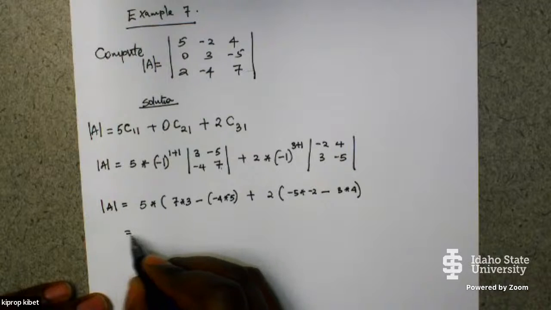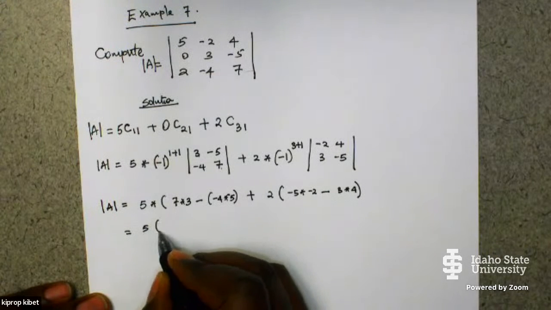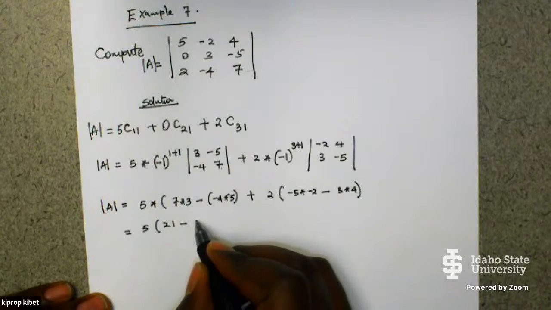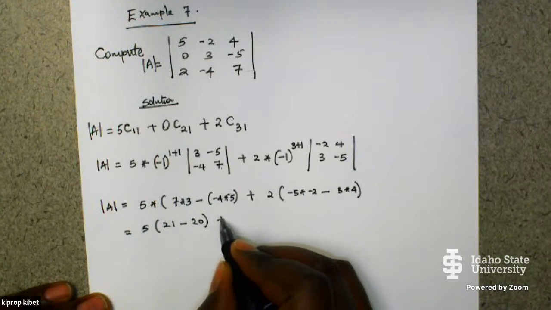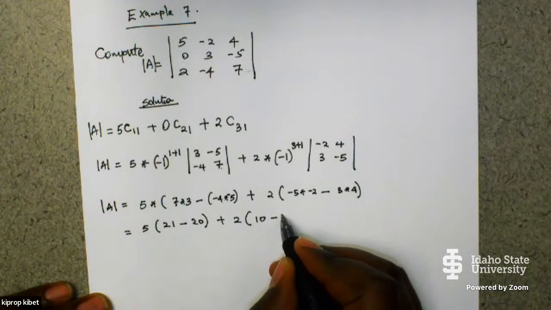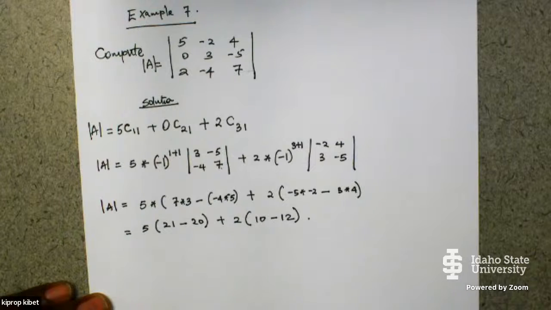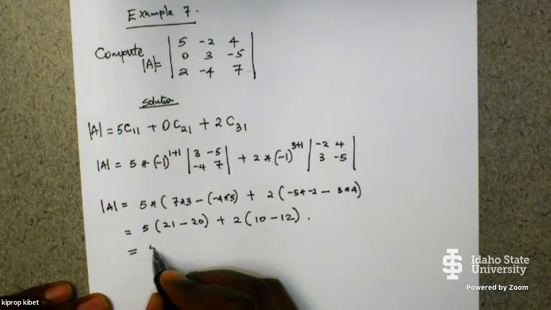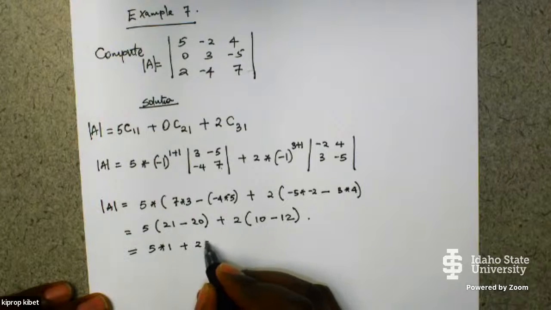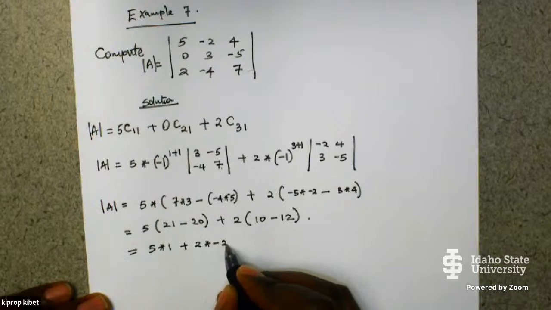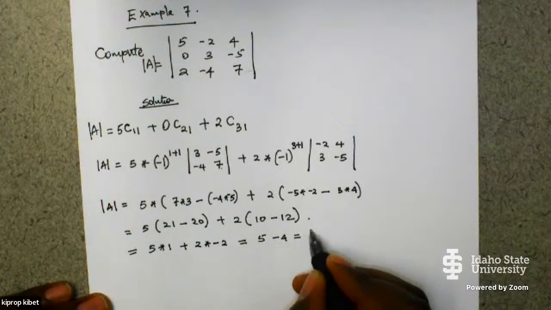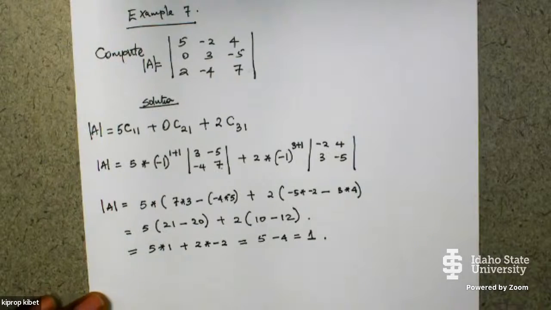So finally, this will be 5 times (21 minus 20) plus 2 times (10 minus 12). So this equals 5 multiplied by 1 plus 2 multiplied by -2. And this will give us 5 minus 4, which is equal to 1.